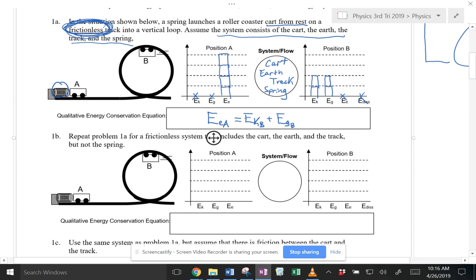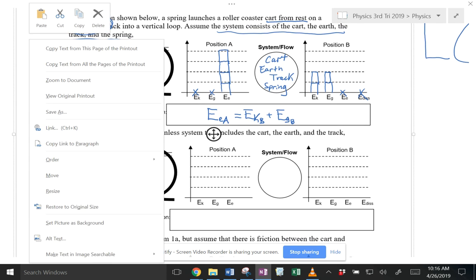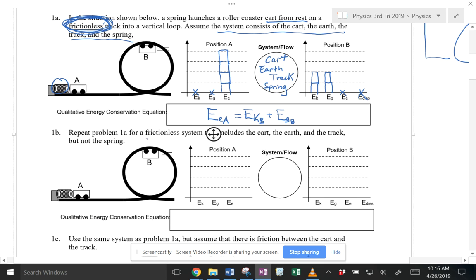All right. So then we're going to repeat this problem for a frictionless system that includes the cart, the earth, and the track, but not the spring.